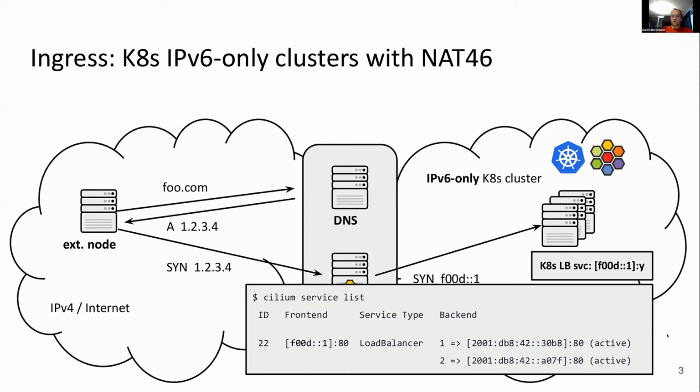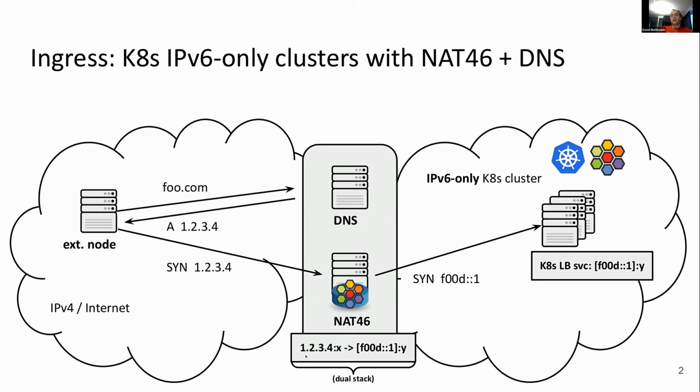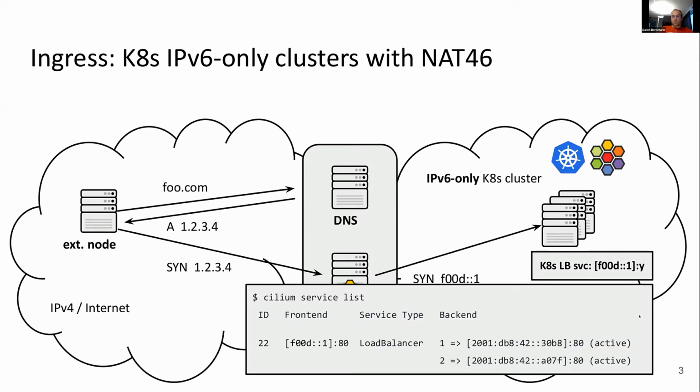But the idea is essentially to direct from one VIP that is IPv4 to another VIP that is IPv6, which is a more stable IP, so that node only needs to direct things to a VIP and not to the backends themselves, and the whole service is managed inside the Kubernetes cluster as usual. So that's the one area.